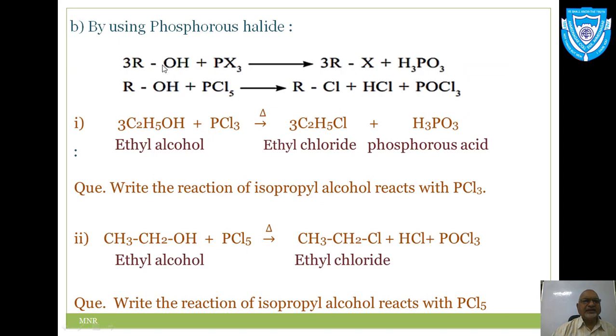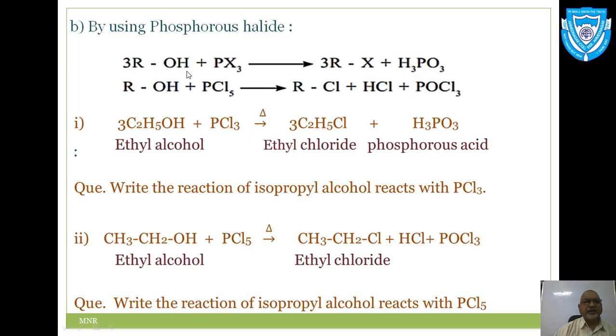The next reaction is by using phosphorus halides. Now what are these phosphorus halides? We have phosphorus trichloride, phosphorus pentachloride, and so on. Here X means any halogen. In particular, it could be Cl or Br, or any other halogen, but here it would be only chlorine; PCl3 and PCl5 we are dealing with.